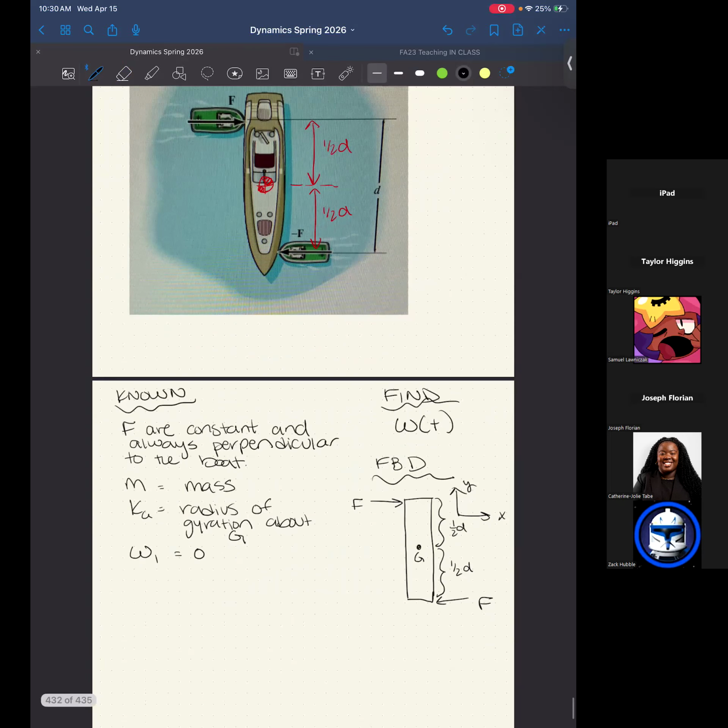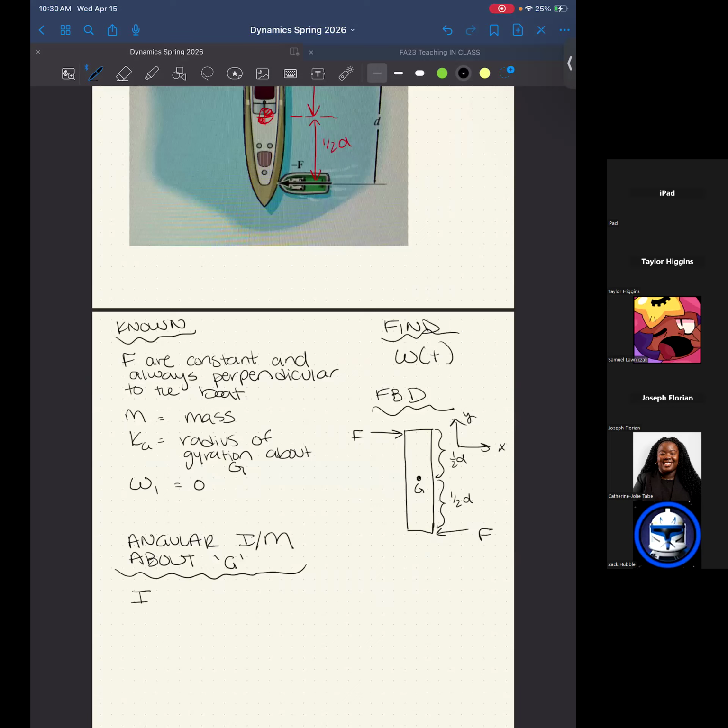Okay, so I did angular impulse momentum about G. And since G is the center of mass of the body, we get I G omega 1 plus the integral of the moments about G, dt, equals I G omega 2.